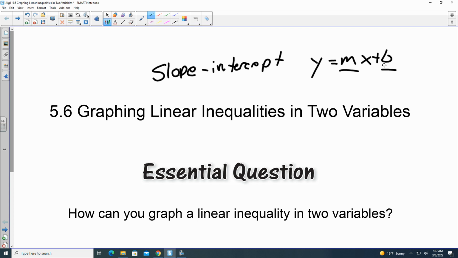But now that we are bringing inequalities into this section, instead of writing equal to, it's going to be replaced with greater than, less than, greater than or equal to, or less than or equal to. And when we graphed one variable inequalities, it was on a number line.